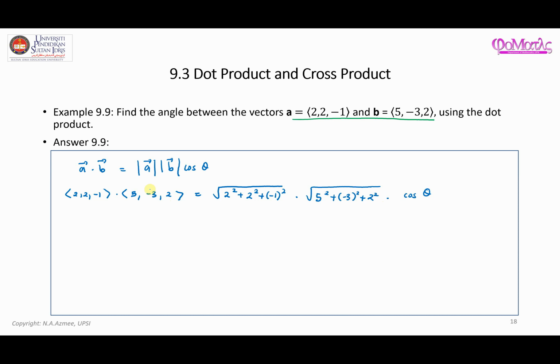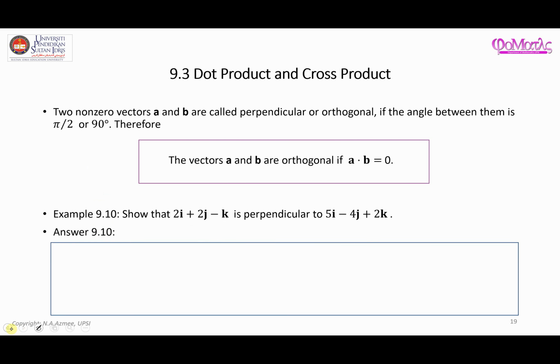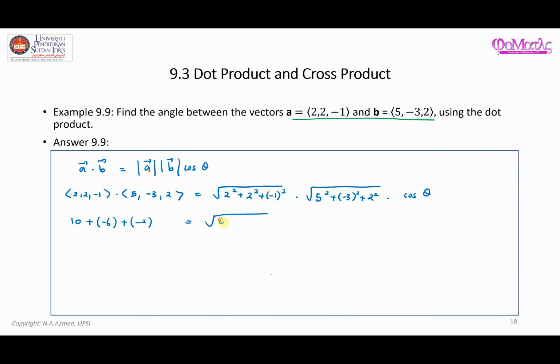On this part, we can simplify to 2 times 5 is 10, plus 2 times -3 is -6, plus -1 times 2 is -2. This is equal to the square root of 4 plus 4 plus 1, times the square root of 25 plus 9 plus 4, cos theta.